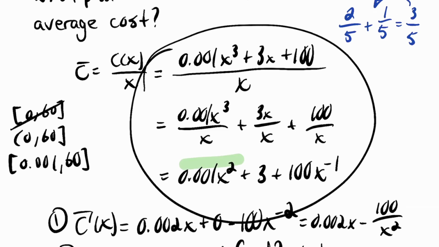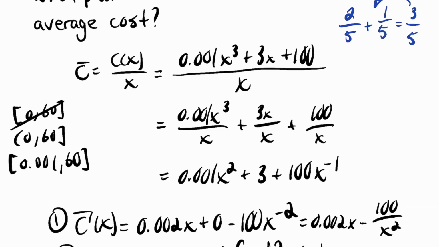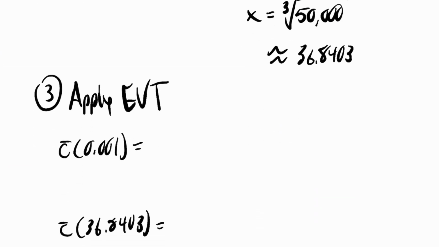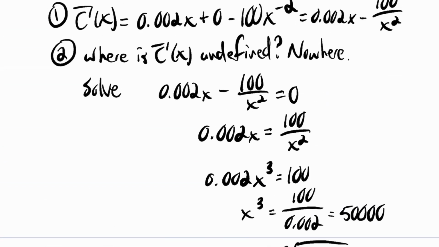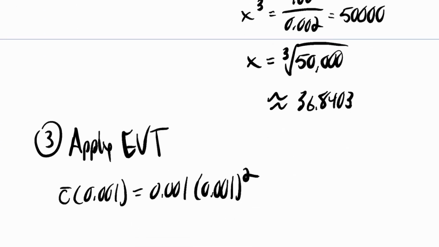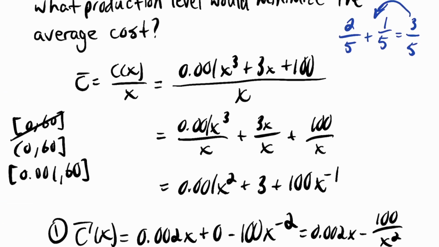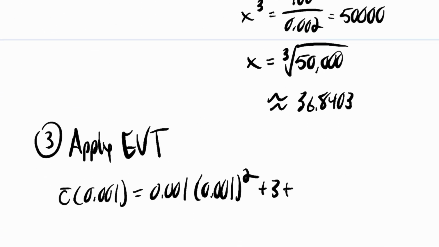I'm going to go with this one just because I think that will be a little bit easier. So 0.001 times 0.001 squared, okay, and then plus 3, plus 100 over the input.